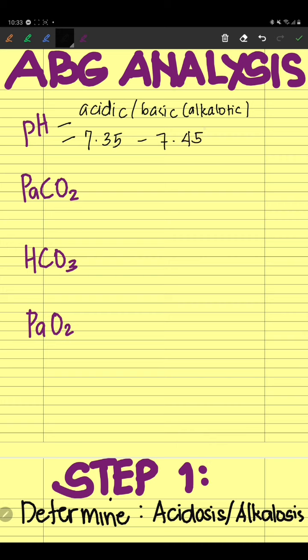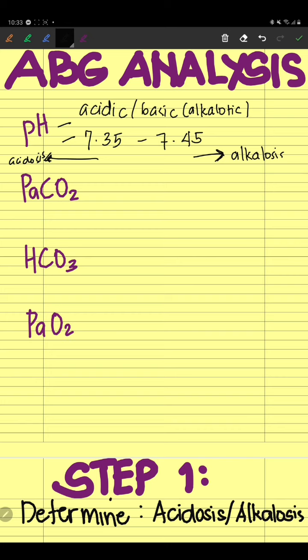7.45. Please take note that if we go beyond your pH, that is already alkalosis. If it is under or less than your normal range, that is acidosis. Just take note that in the case of your pH, it is like a buffer.